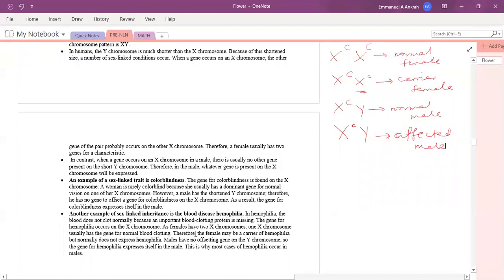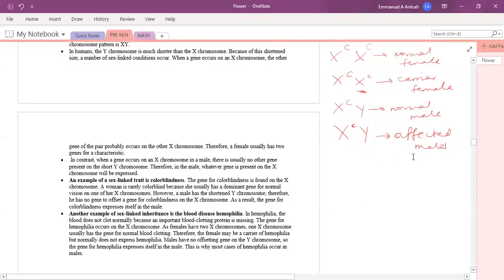As females have two X chromosomes, one X chromosome usually has the gene for normal blood clotting. Therefore, the female may be a carrier of hemophilia, but normally does not express hemophilia. Males have no offsetting gene on the Y chromosome, so the gene for hemophilia expresses itself in the male. This is why most cases of hemophilia occur in males. Okay, nothing to balance it.